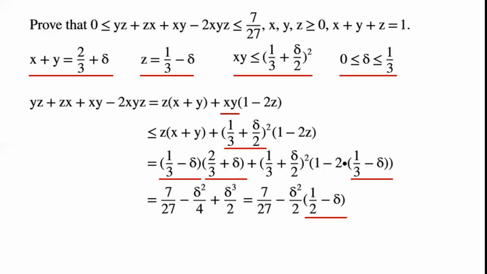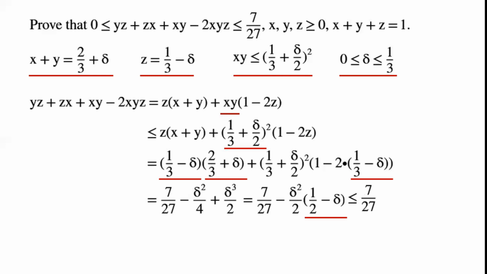as delta is less than or equal to a third, so a half minus delta must be greater than 0. Delta squared must be greater than or equal to 0.